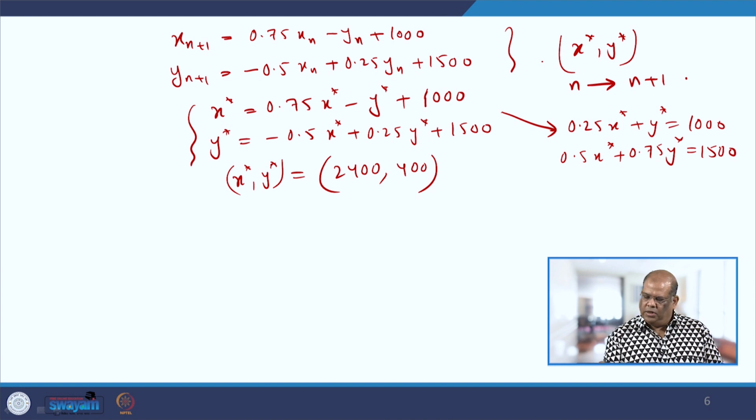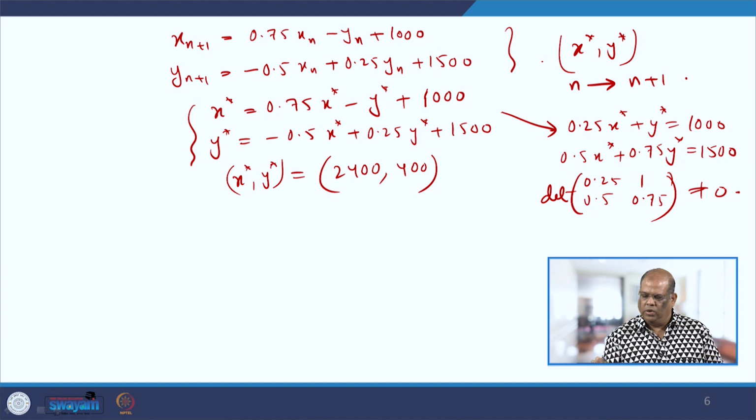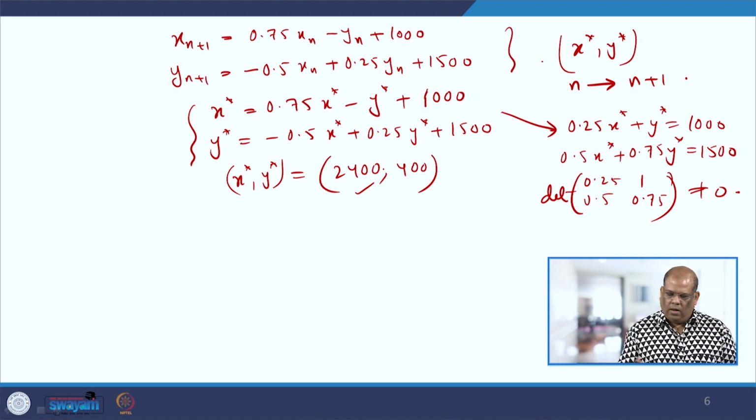And you can easily check that the determinant of this is not equal to 0, and hence your 2400 and 400 will be the equilibrium solution, and it is unique. And then you find the coefficient matrix, which is 0.75, minus 1, minus 0.5 and 0.25.